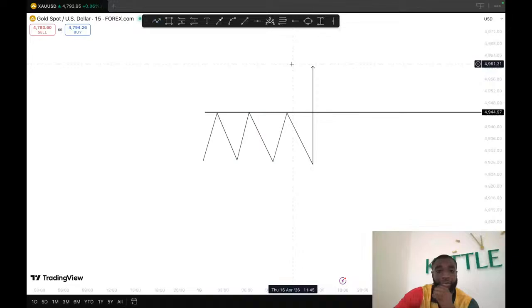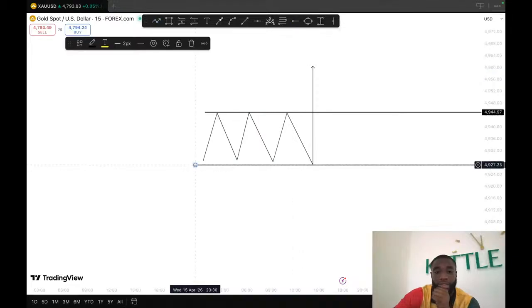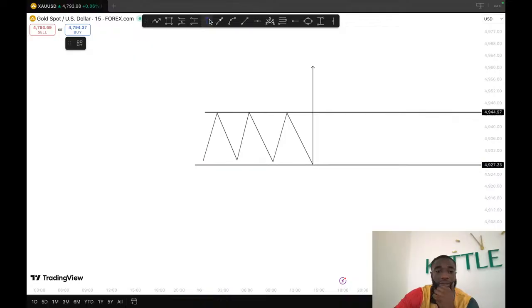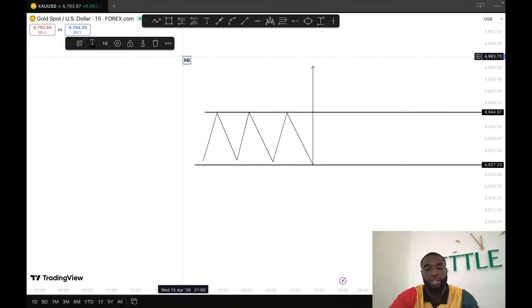So now that we've got the indication on the higher time frame, the 1 hour and 4 hour. I usually use the 1 hour as a source.